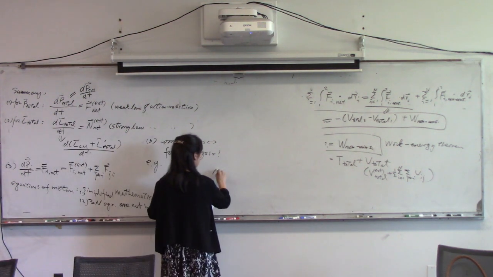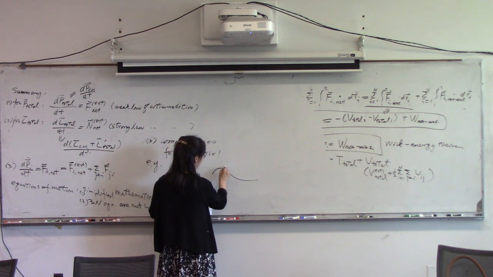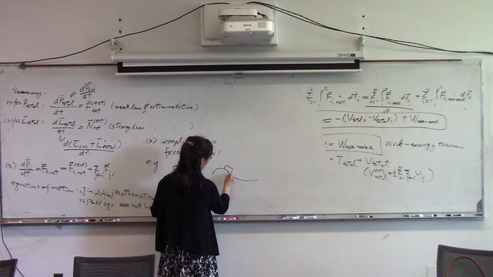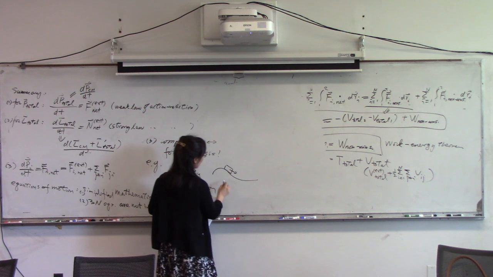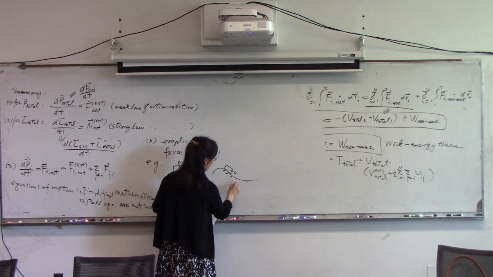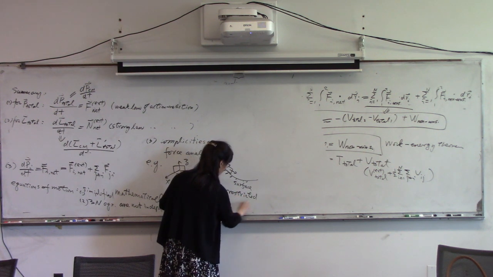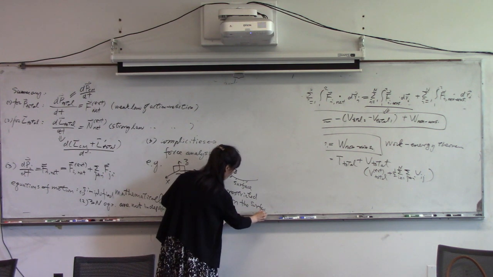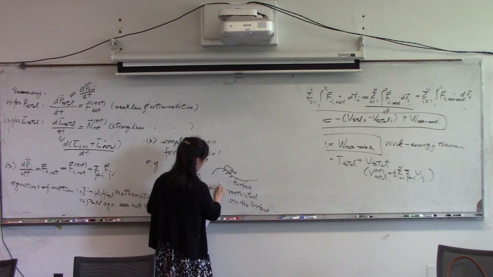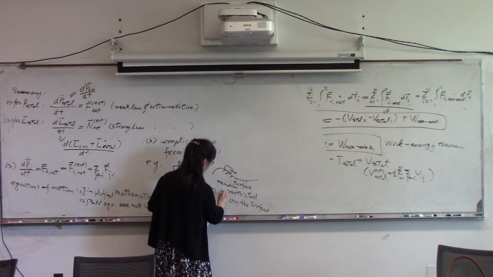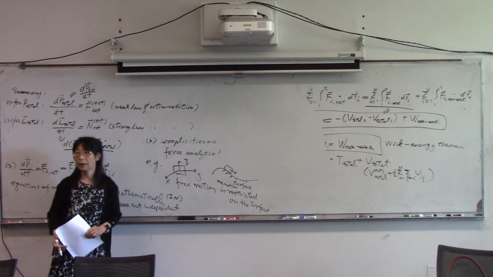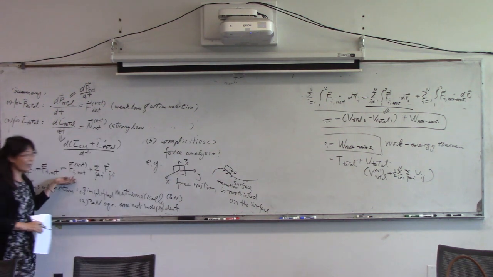That is free. But how about this? If we have a box here, which is a surface, that means the motion is restricted on the surface.